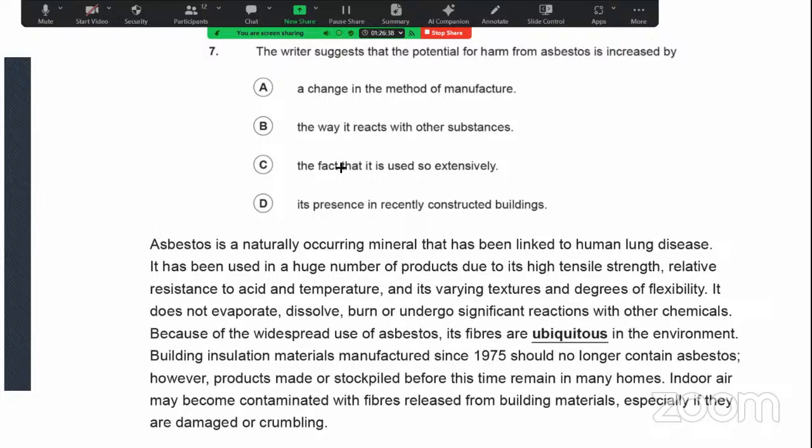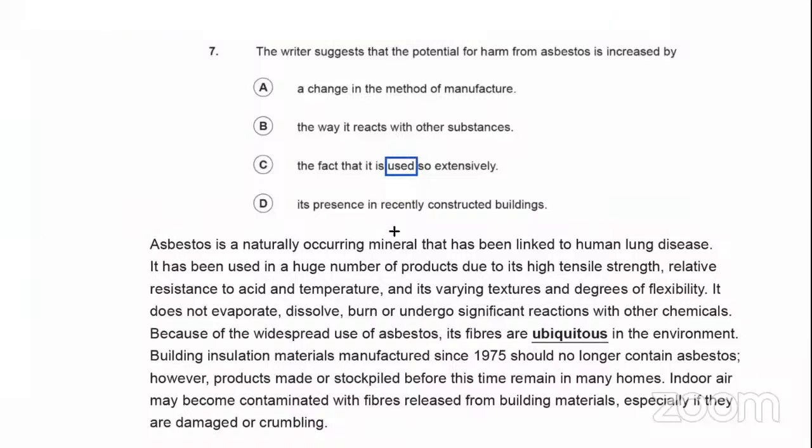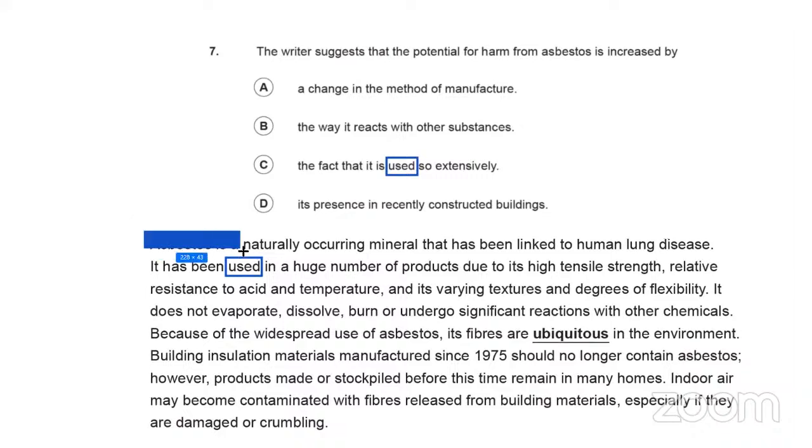Now let us see. You have used the word used. It is used. It is used. So this is the sentence. So let us blind the other areas, blind the danger zone where you should not go.